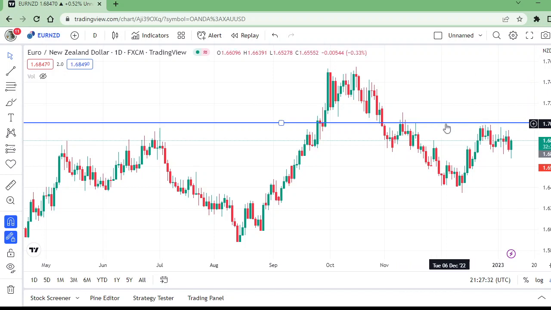Now this is the best example of how resistance is activated. It does not allow the price to come closer to it. If the price touches it and goes one or two pips above it, then it is the breakout.